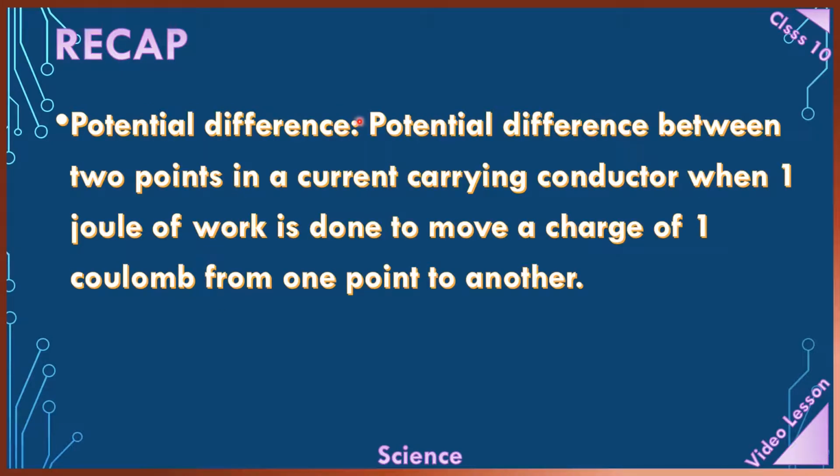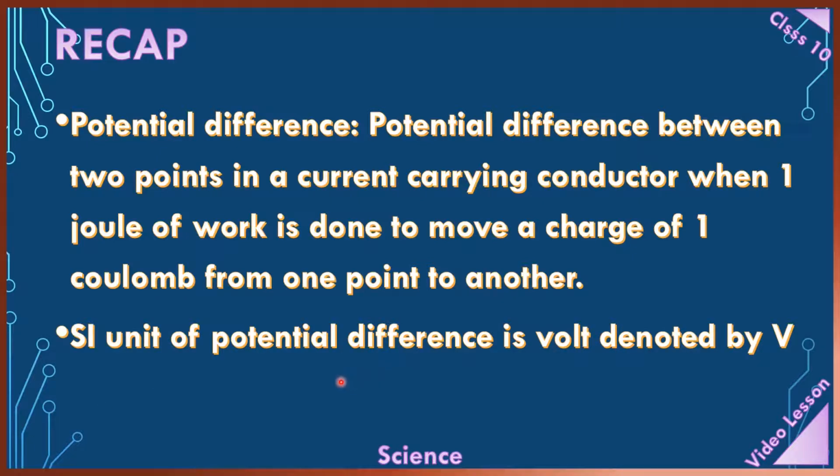Potential difference. Potential difference between 2 points in a current carrying conductor is 1 joule when 1 joule of work is done to move a charge of 1 coulomb from one point to another.